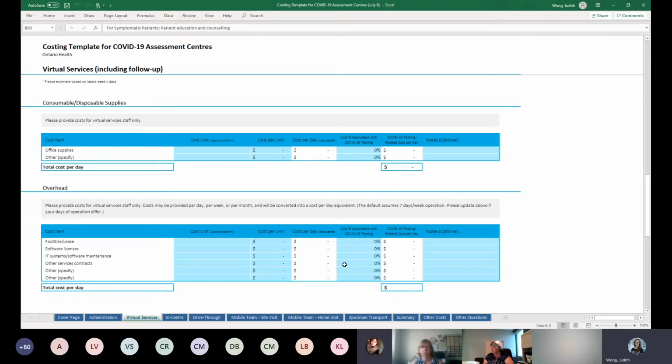Yes, the first question is, how does this report relate or reconcile to the overall COVID-19 expense reporting template, BCS, and other reporting already taking place? There are redundancies in reporting and duplication of effort. We do appreciate that some of the information may indeed be duplicated.